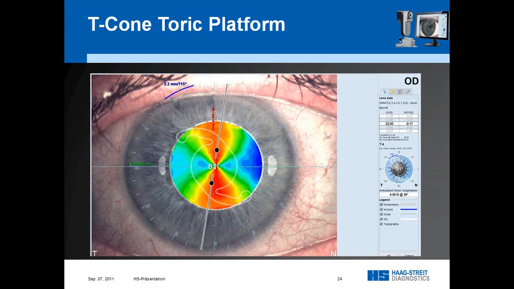For example, if you say, I'm comfortable cutting from 80 degrees to 180 on a right eye, so from superior to temporal, you can teach iSuite that's the area I'm happy to cut in, and then you get, like in the example here, the output that the best result may be achieved if you cut at 115 degrees.